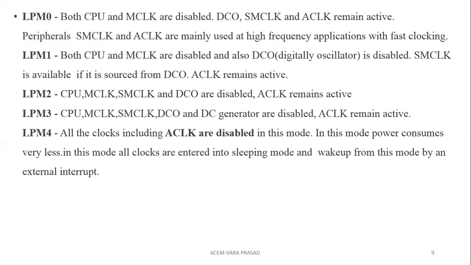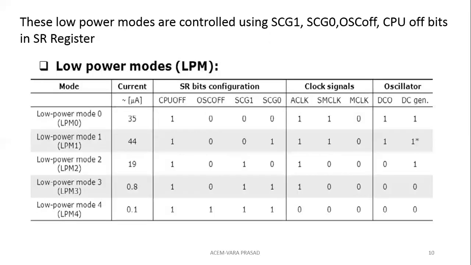Then in these low power modes, how can we generate the clocks? Already we have studied these bits in the SR: CPU off, oscillator off, system clock generator 1, system clock generator 0.